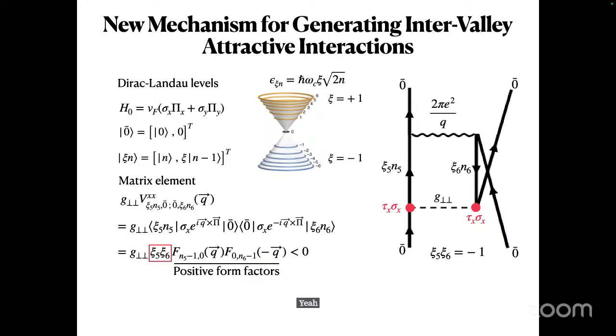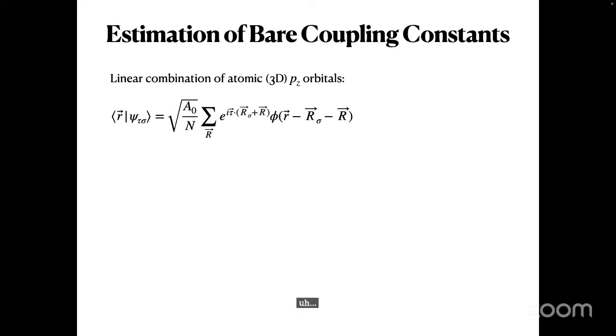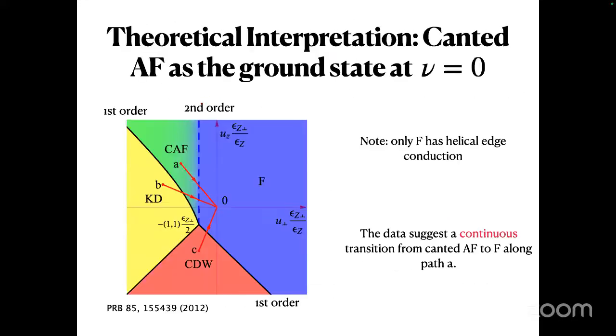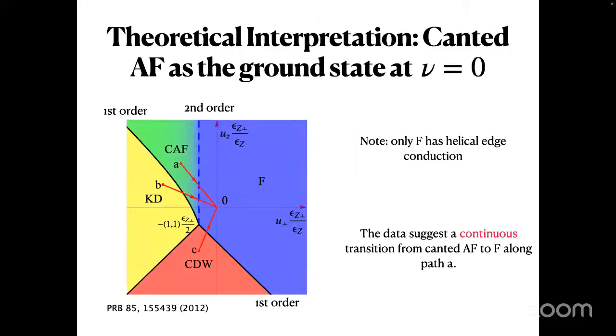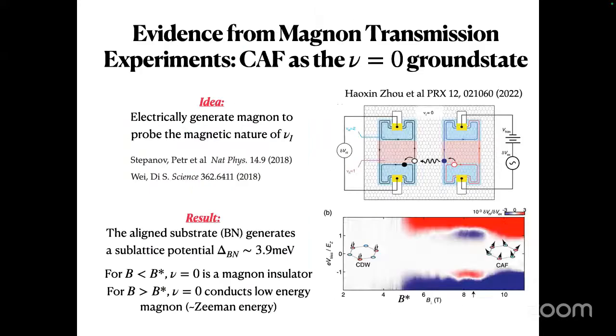That's a very, very good question. Let me answer your question with experimental data first. The first thing is the Zeeman scale. That's a very strong hint: why does everything suddenly turn on at the Zeeman scale?